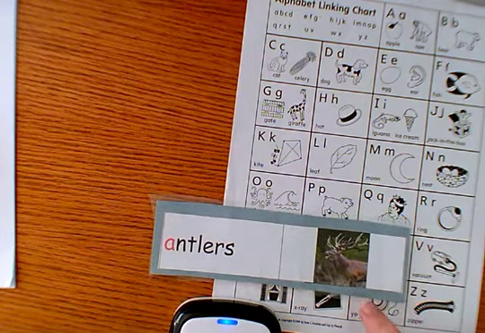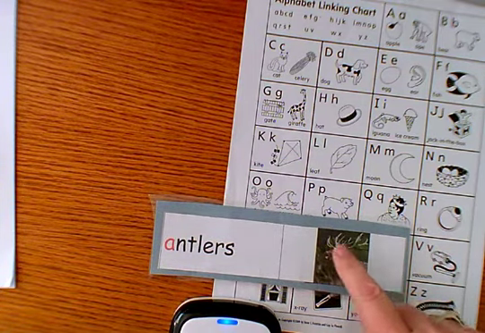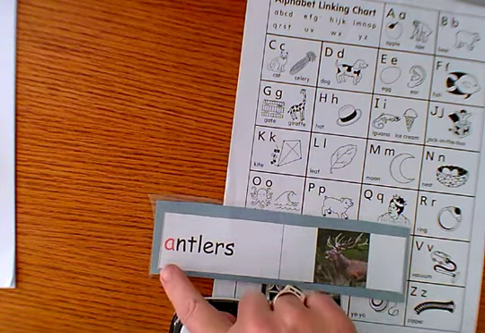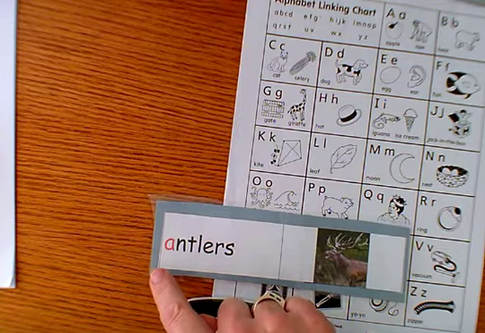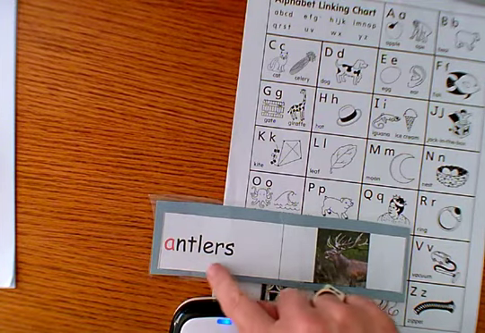On this animal, we're looking up here at the antlers. Big, little. What begins with antlers?